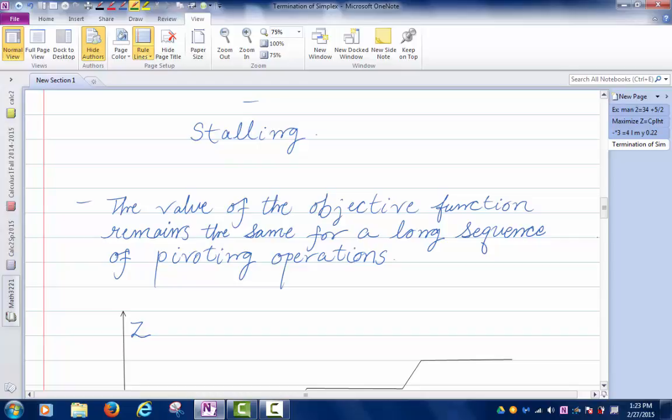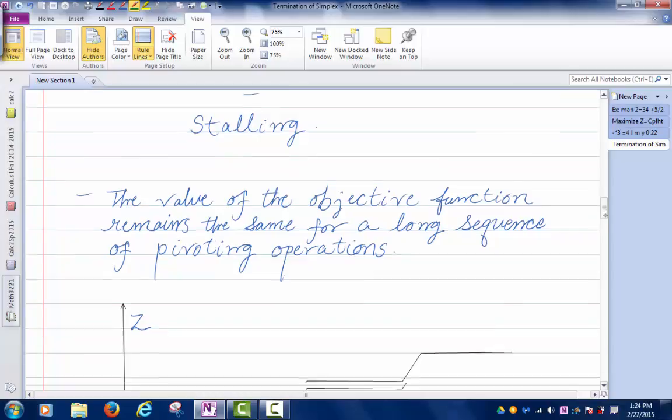However, the bad thing is that when stalling happens, for a long number of pivoting operations the value of the objective function remains the same. That could be problematic because it means that you're not being efficient. It's taking a long time to get to the final dictionary.